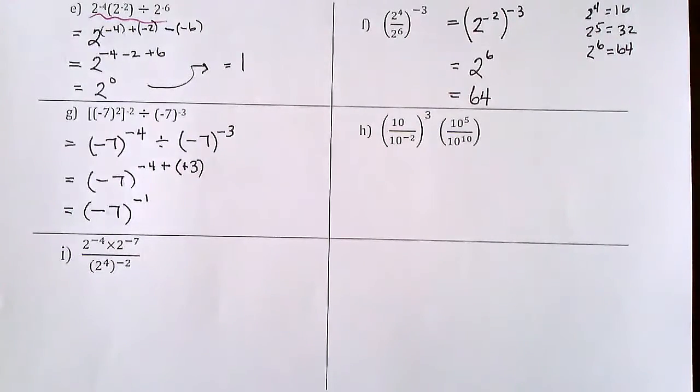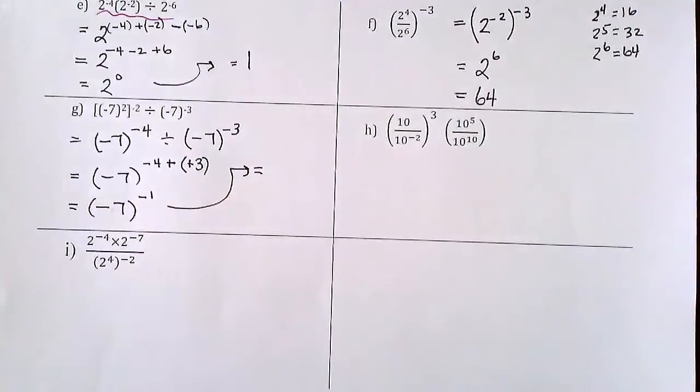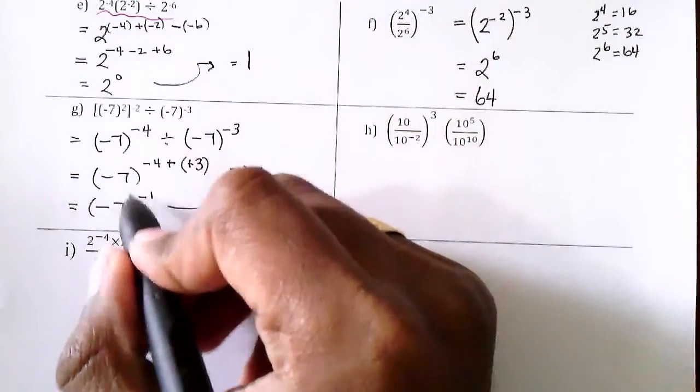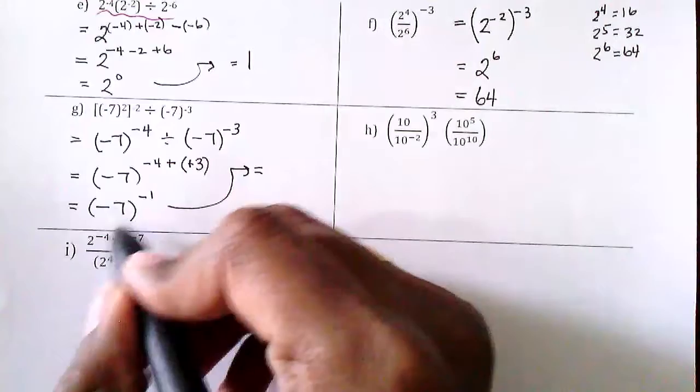So technically, we have expressed this as a single power, but something I want you to keep in mind is whenever we're expressing things as a single power, our exponent should always be positive. The exponent is negative here, which we don't like, so let's use one of the definitions of the exponents to convert it to a positive exponent. So here I have a negative exponent and I don't have a fraction.